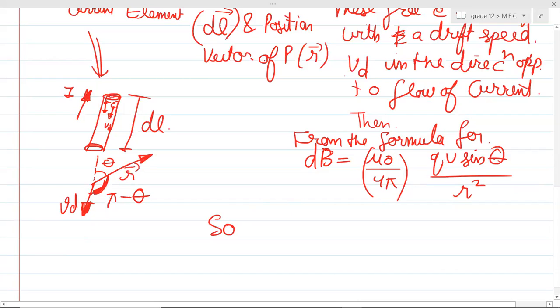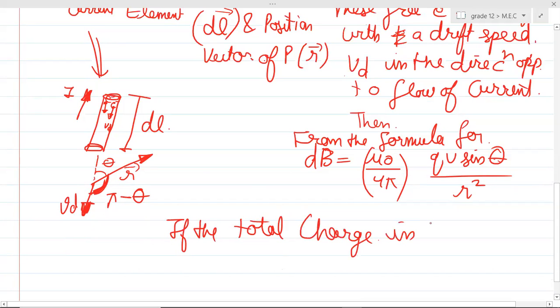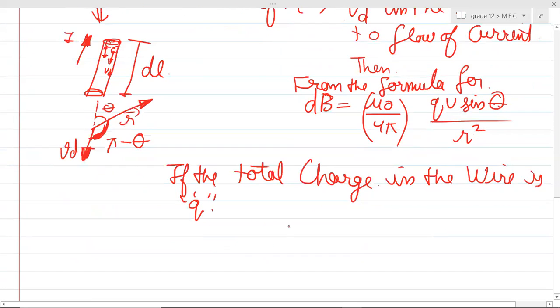So when we apply this formula, if the total charge in the wire is Q, then can I say the charge will be equal to the number of free electron density multiplied by the volume?